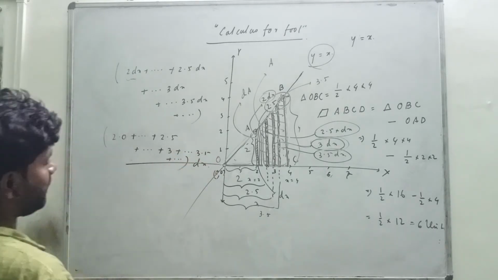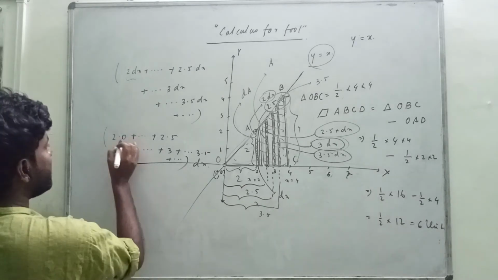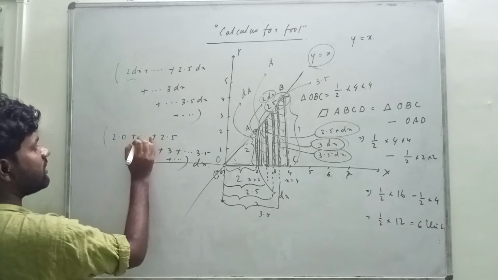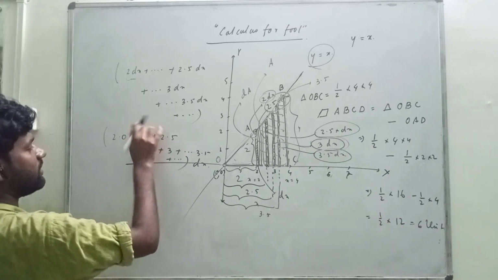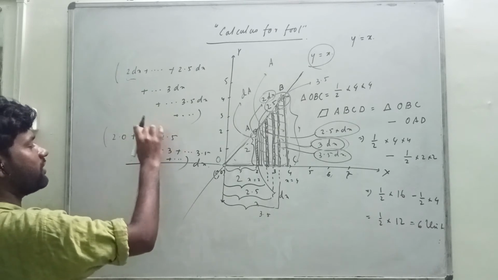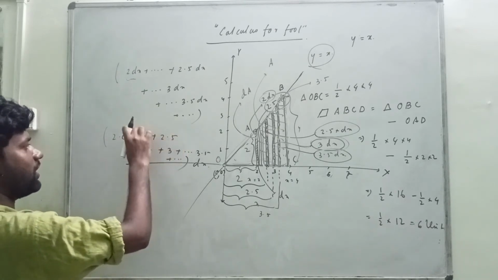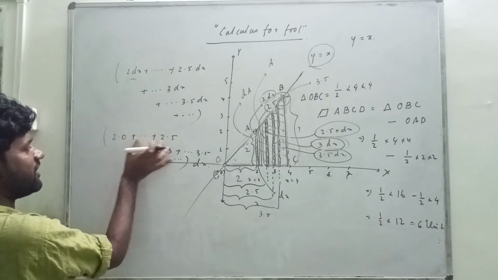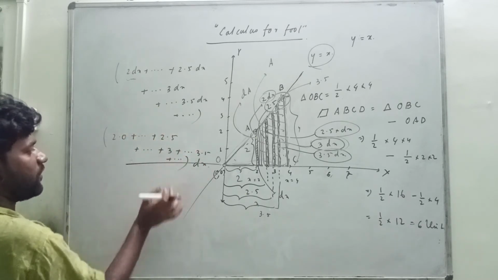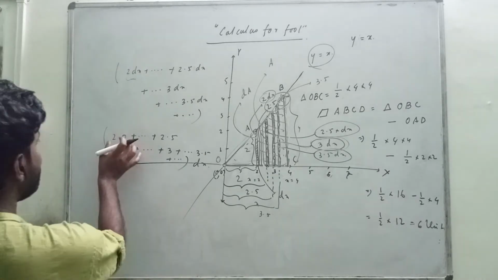And 2.0 plus dot dot dot means another 2 something: 2.1, 2.2, 2.3, and very close ones like 2.001, 2.002, and the addition of these, times dx, right? But what does this mean?